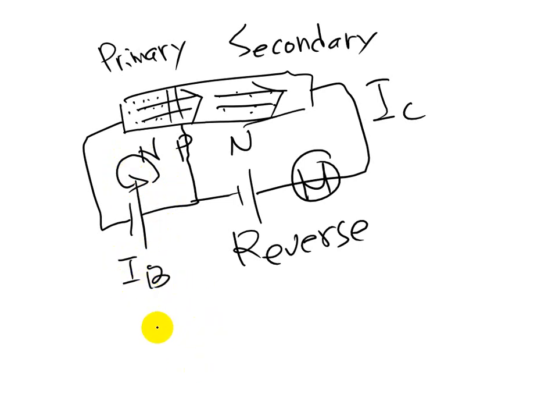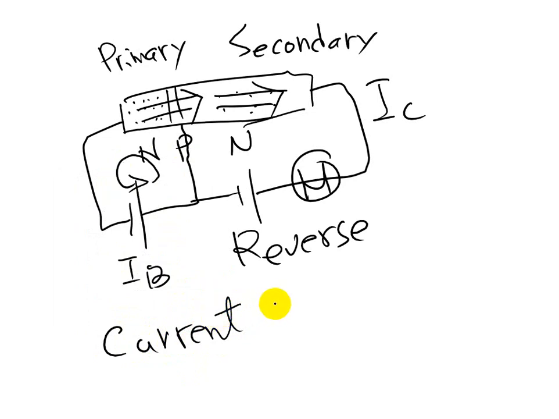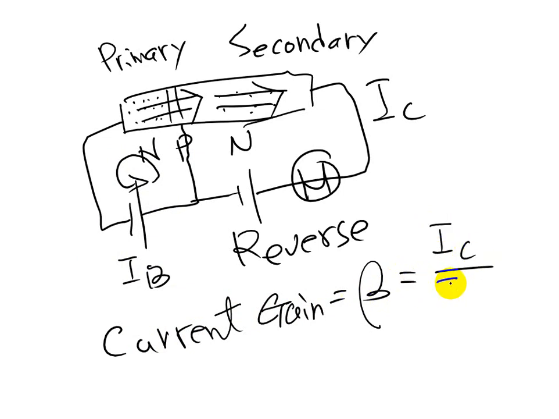So that means the current gain beta equals IC over IB. That can be somewhere around 100. So the current is amplified 100 times. So this is an amplifier.